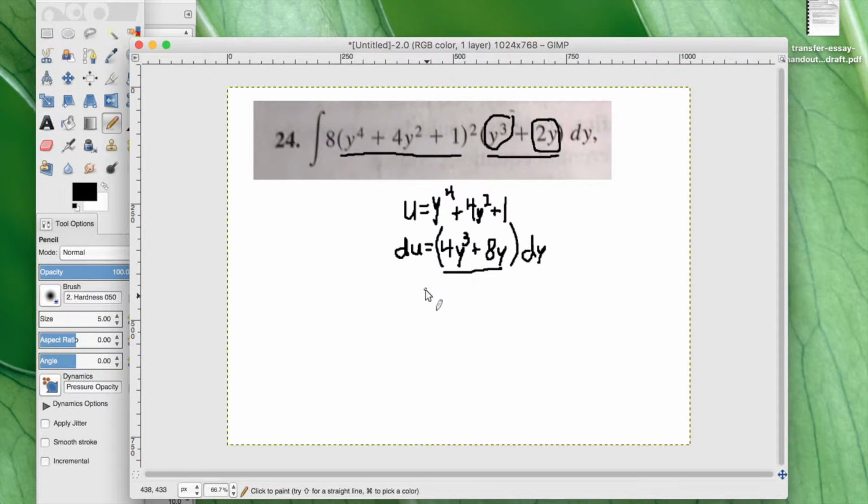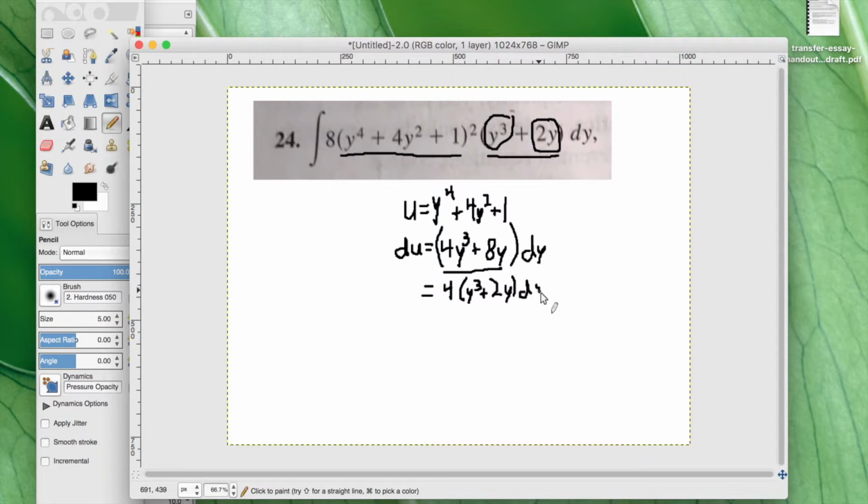So what we can do now is say that du equals 4 times y cubed plus 2y dy.